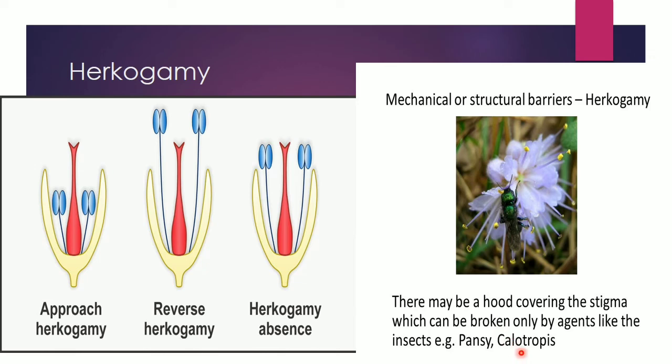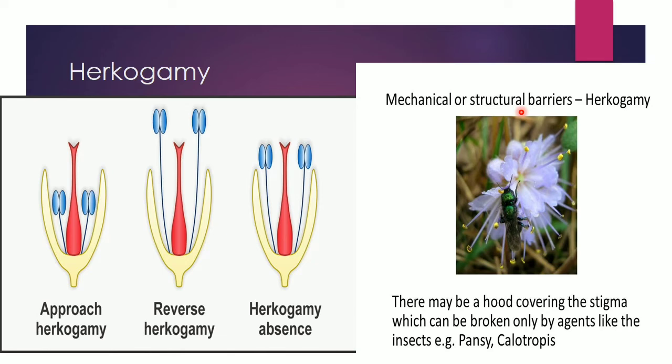Calotropis has some structural peculiarities, and that way it prevents self-pollination. The peculiarity of hercogamy is structural barriers or mechanical devices which prevent self-pollination and promote cross-pollination. That is happening in Calotropis.